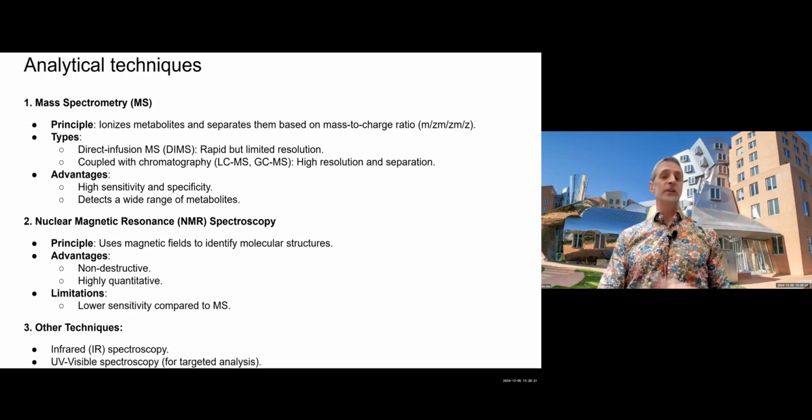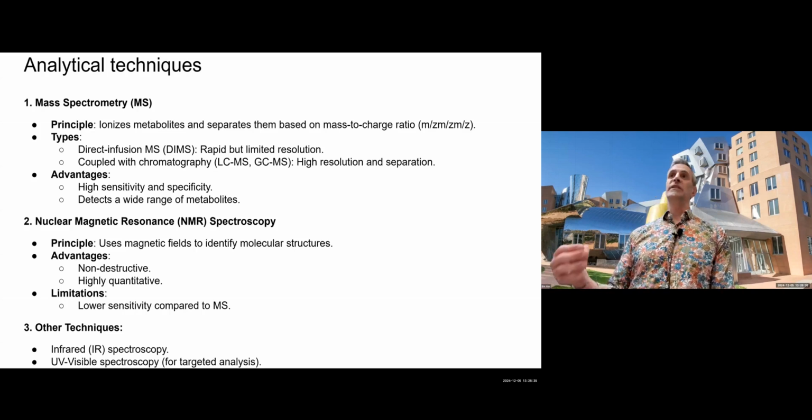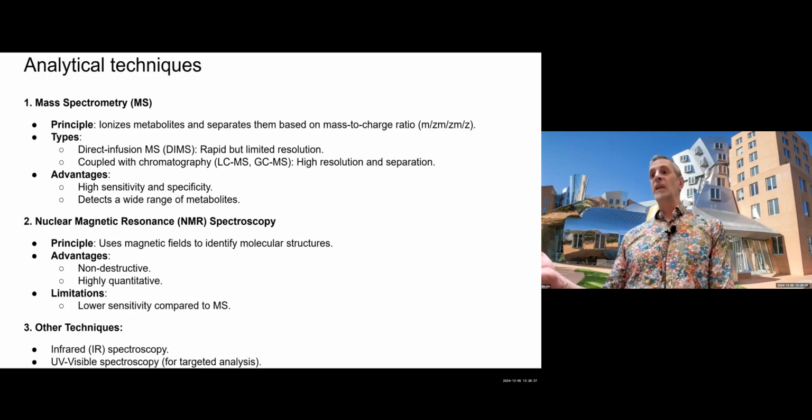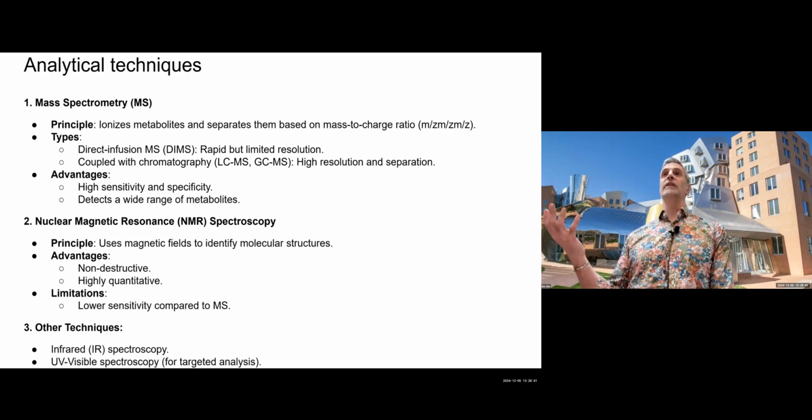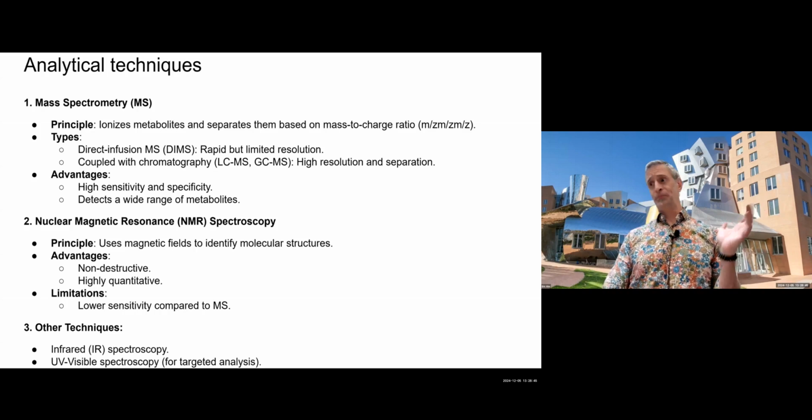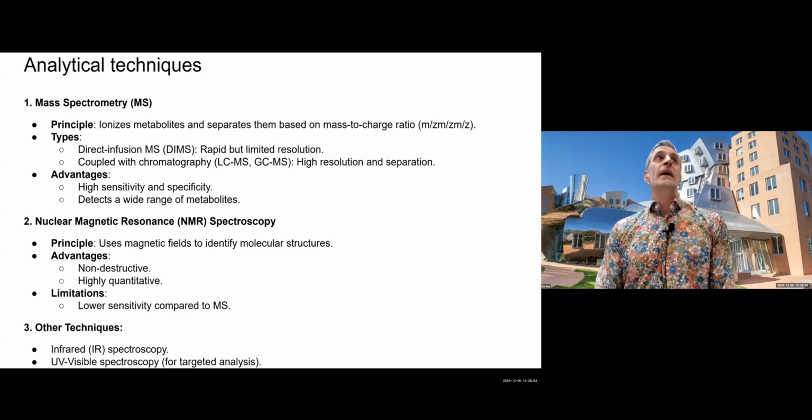And most of what we'll talk about today is looking at a complex sample. Let's say, if I'm doing microbiology, I might be looking at the inside of a cell. I might be looking at its waste products. And that's always a choice when we're doing metabolomics, especially looking at the human microbiome.